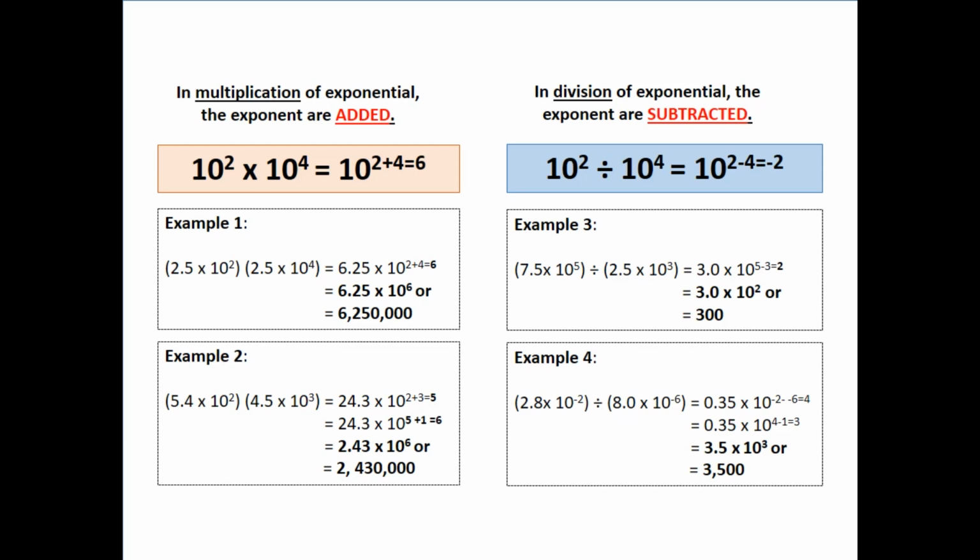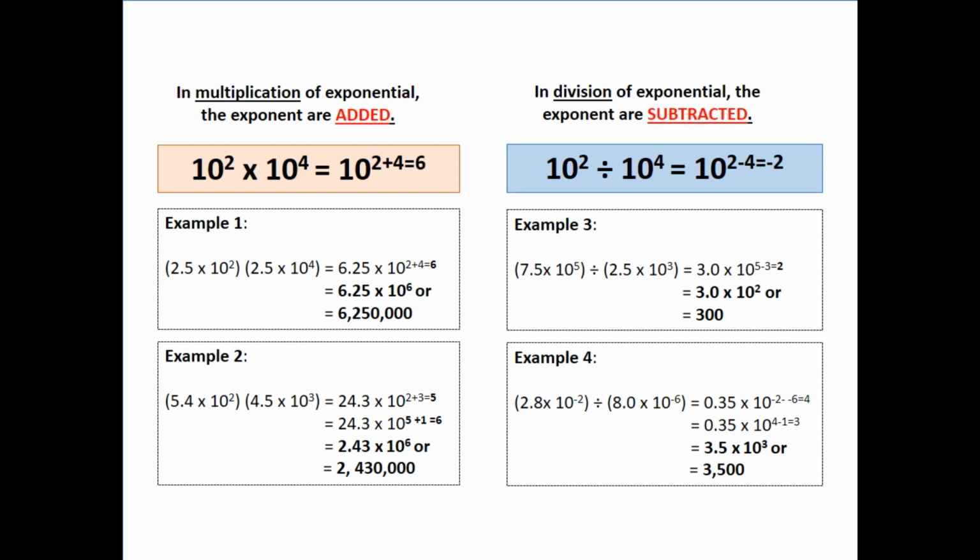But the coefficient is 0.35, which is less than 1. So what should we do? Now the coefficient also cannot be less than 1. Before, it could not be greater than 10, and now it cannot be less than 1. So what we are going to do is move our decimal point from 0.35 to 3.5.